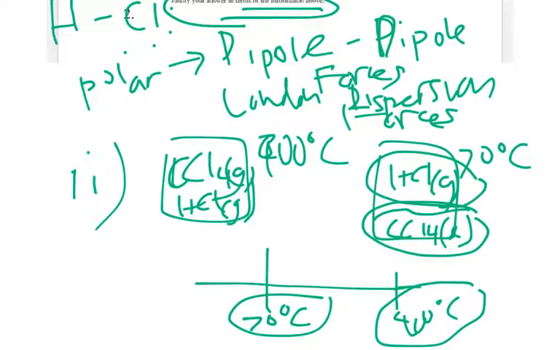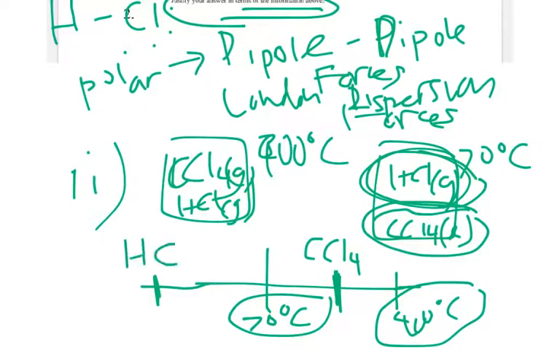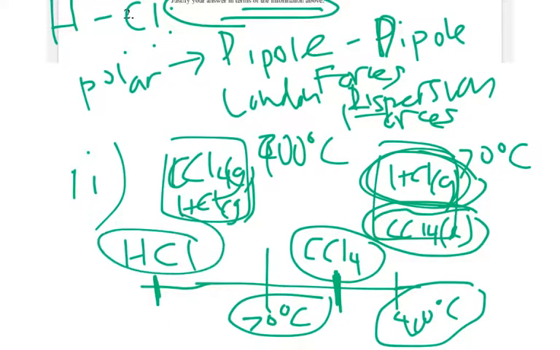So this means that the boiling point, or the condensation point, the point at which it became a liquid from a gas, is somewhere between. So let's just say this is the boiling or condensation point of CCl4. Now we decrease the temperature, but the HCl is still a gas. That means that we haven't hit the boiling point yet, so the boiling point must be further down the line over here. So this means that CCl4 has a higher boiling point than HCl.